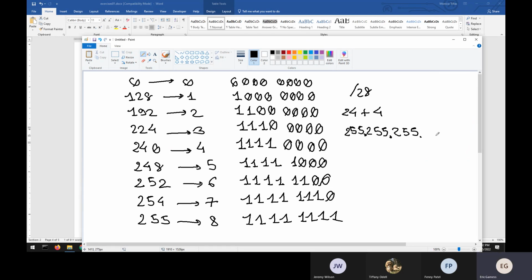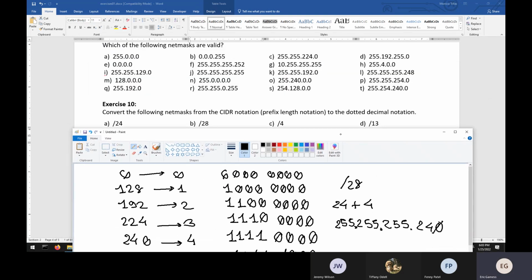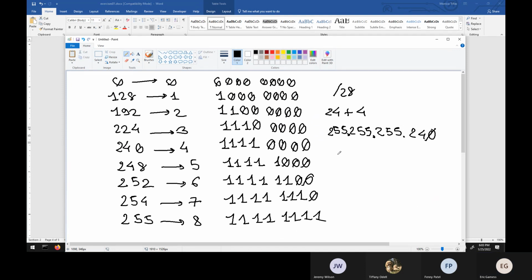I'm missing 4 here, so I need 240. So /28 will be 255, 255, 255, 240. Is it okay? If I take the next example, /4, it will be what? 240.0.0.0. So /4 will be 240, which has 4 ones, 1111 0000.